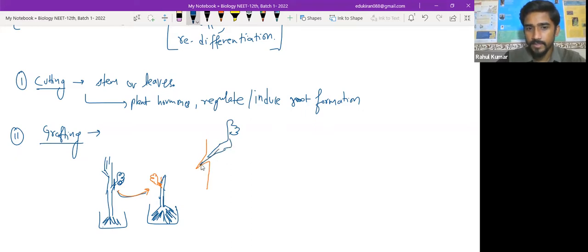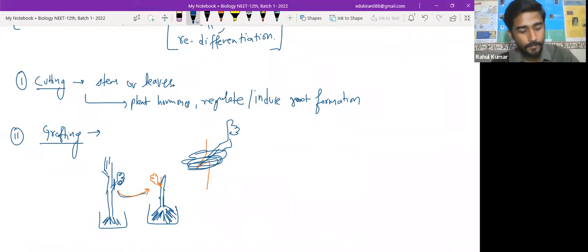And we will put this here and we'll wrap this whole thing so that there is no infection occurring. Is it clear? Because plant cut parts are also like open wounds, right? They are also living systems, and plants also have their viruses and bacteria that can attack it. Make sense to all of you?